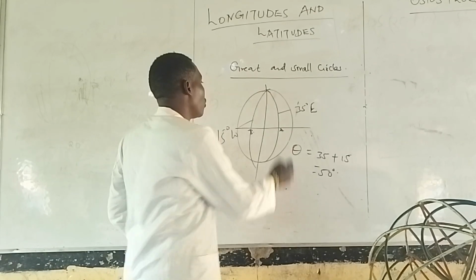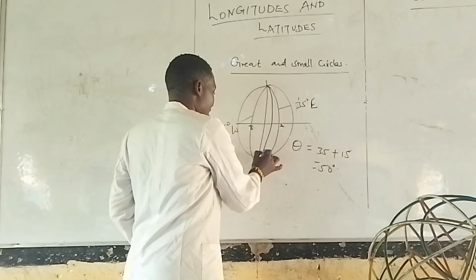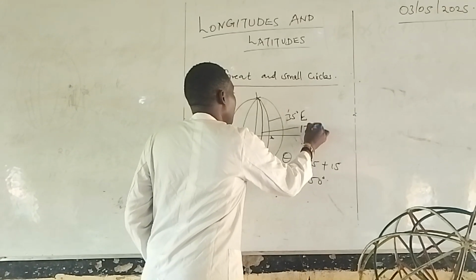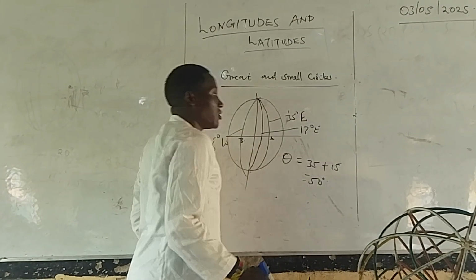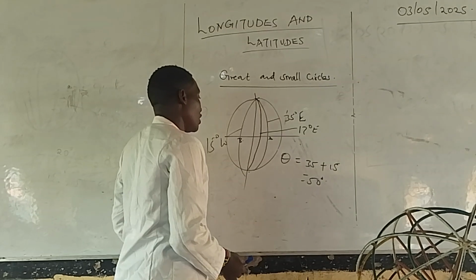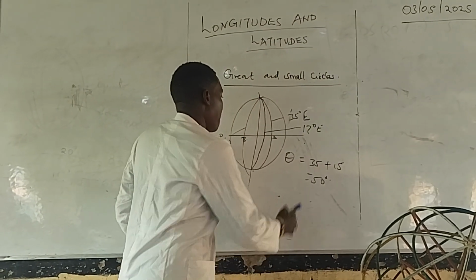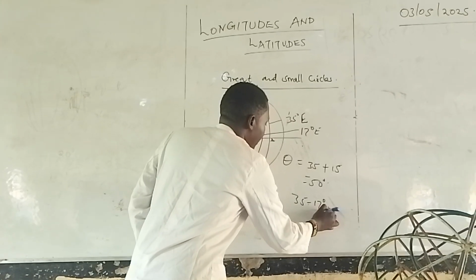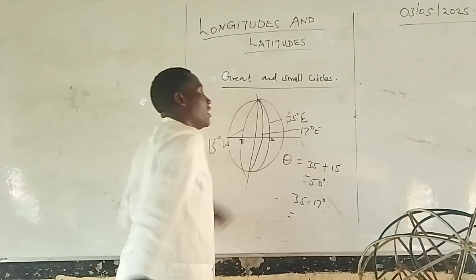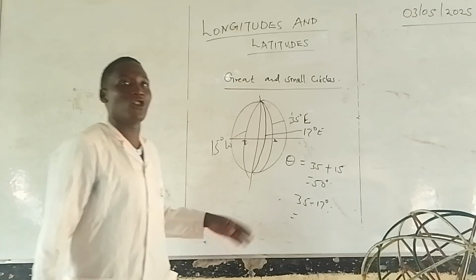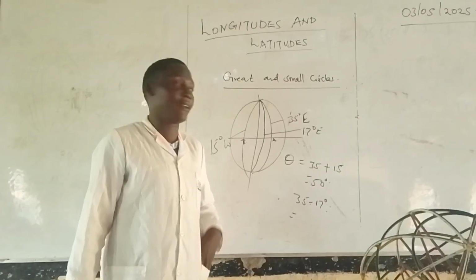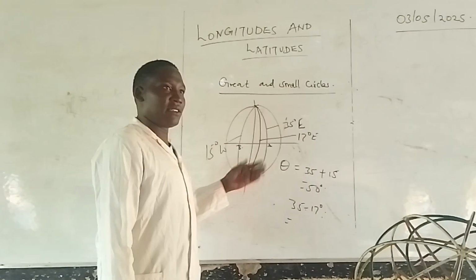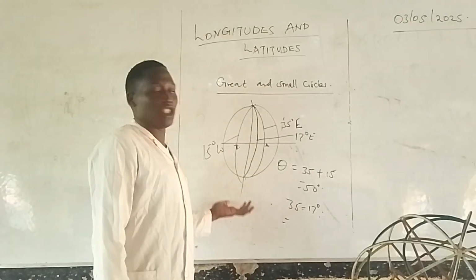But if we assume that we had another angle here, which is maybe 17 degrees east, the angle difference is going to be 35 minus 17 degrees. That will give us the difference. Why? Because they are all on the same side. The same applies to the latitudes.